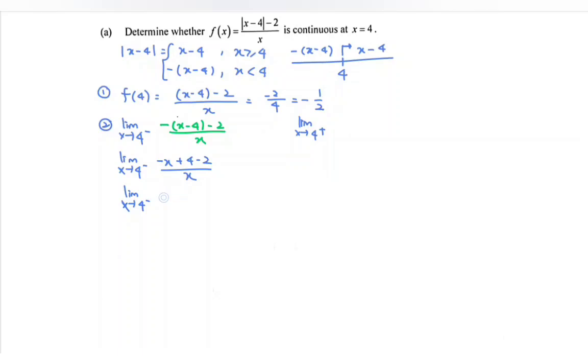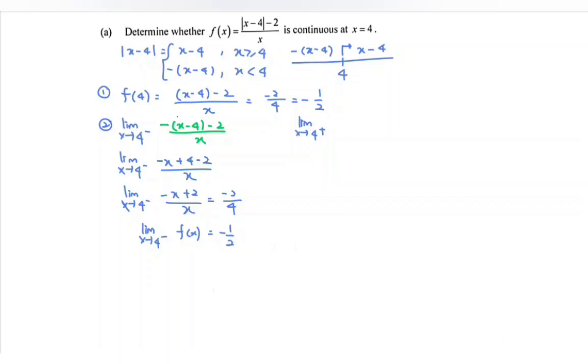Notice that we have negative x plus 2 over x. Substituting, negative 4 plus 2, we get negative 2 over 4. So the limit as x approaches 4 from the left of f(x) is negative 1 over 2.